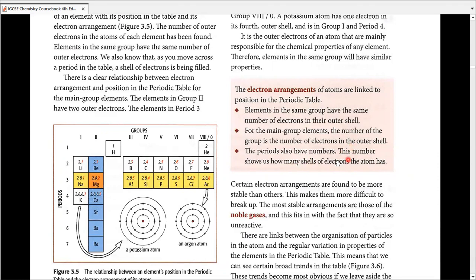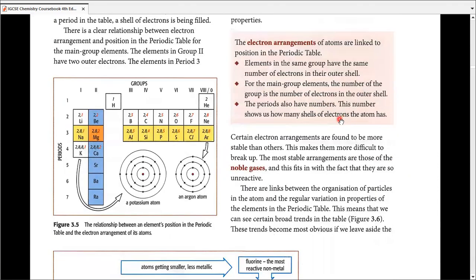Periods also have numbers, and this number shows us how many shells of electrons the atom has. So we are done with all of these properties. We shouldn't have a problem, and there are some examples over here which give you the idea that the period number and the number of valence electrons is exactly the same for every group.